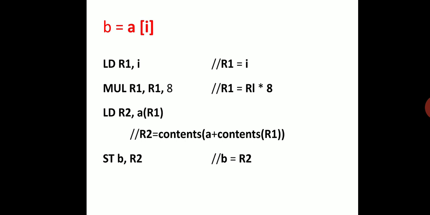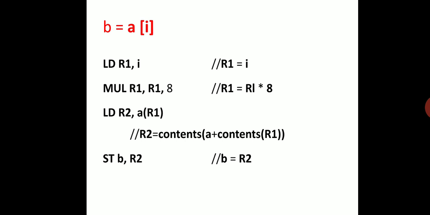So I is loaded into register R1, then MULT R1 comma 8. Why is R1 multiplied by 8? Just now we discussed, it is index addressing mode and a total of 8 bits are allocated. So R1 is multiplied by 8 and that result is stored into R1 again.